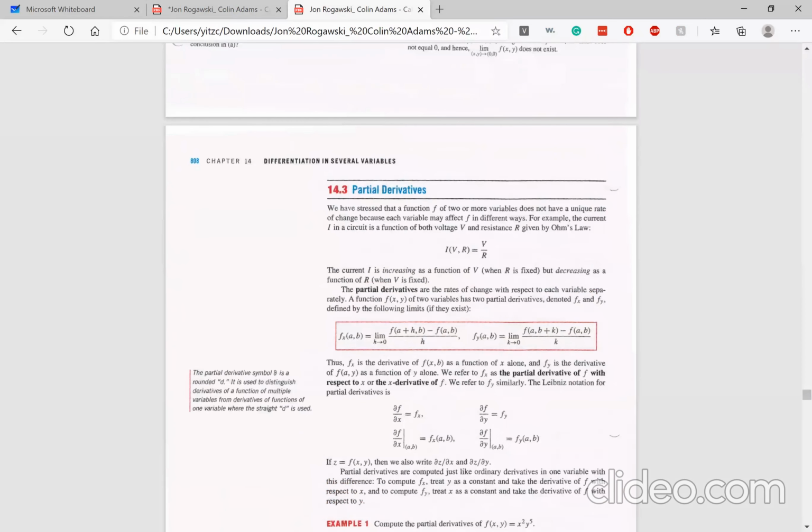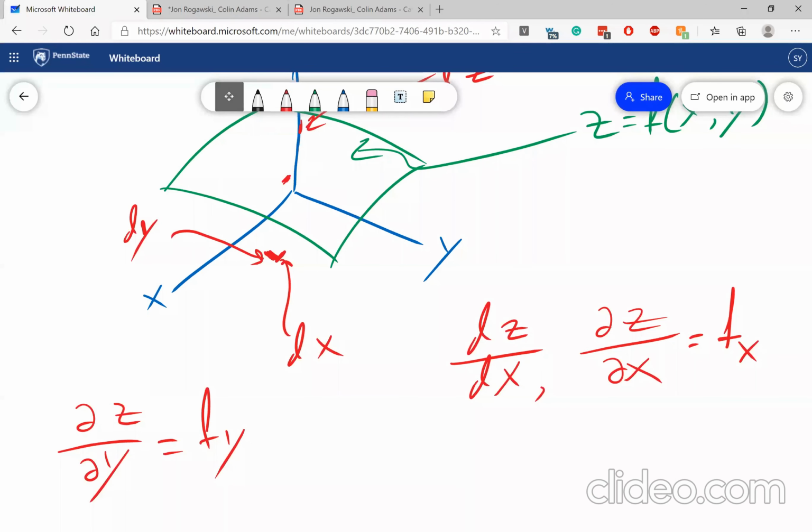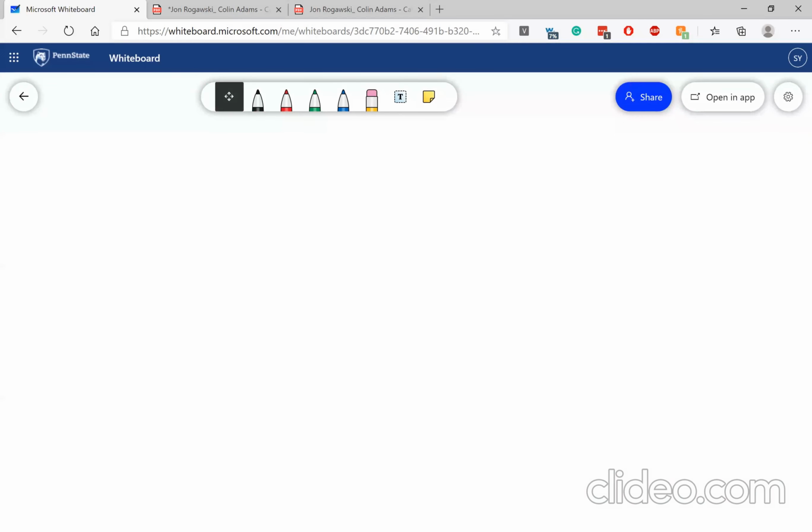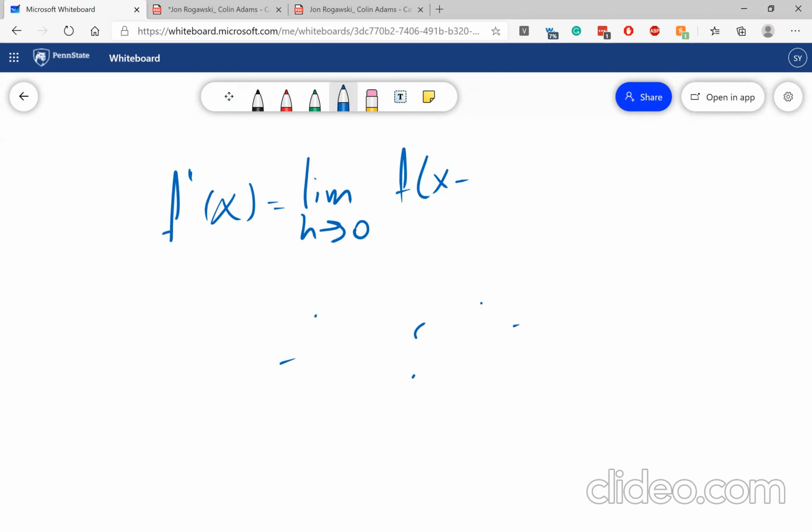When we want to define a derivative, we're going to use limits. So the same way in Calc 1, we said that the definition for the derivative, f prime of x, was equal to the limit as h goes to 0 of f of x plus h minus f of x over h.